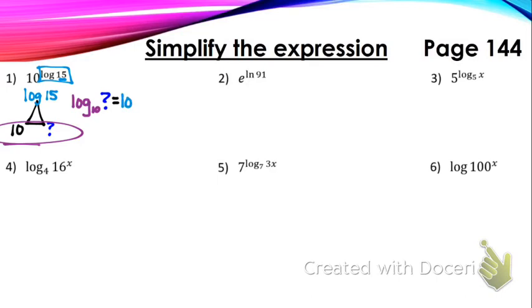Log 15. And what's the base on this log over here? 10. So this matches. What do you guys think my question mark is? 15. That's the only way my two sides are equal.